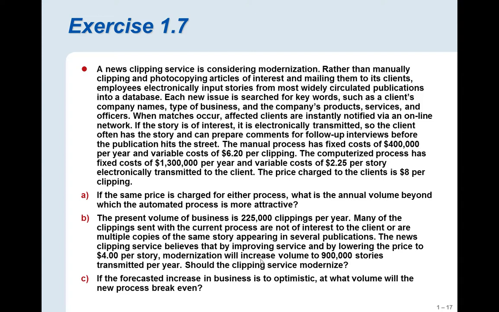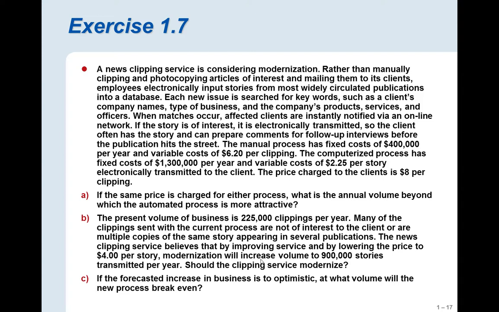When using a computer-like system, the fixed cost will increase because the organization must invest in the system. So the fixed cost increased from 400,000 to 1.3 million.